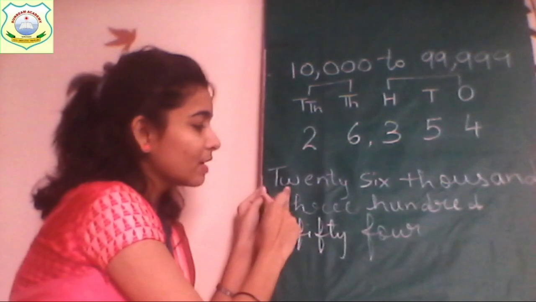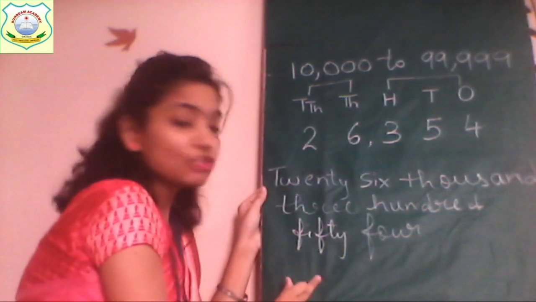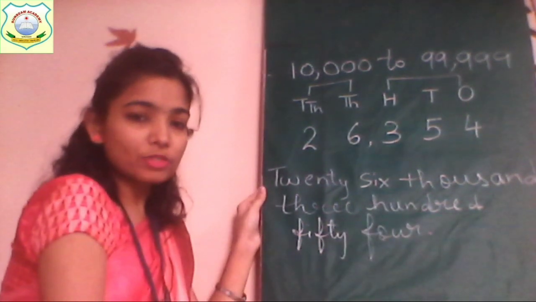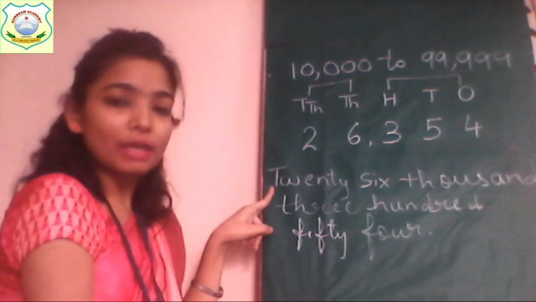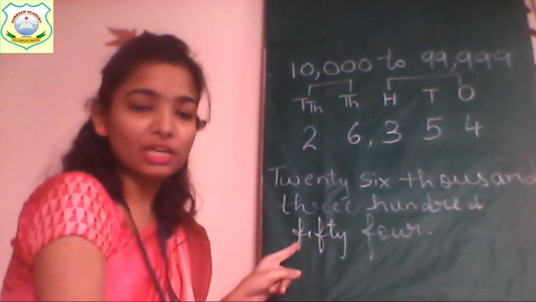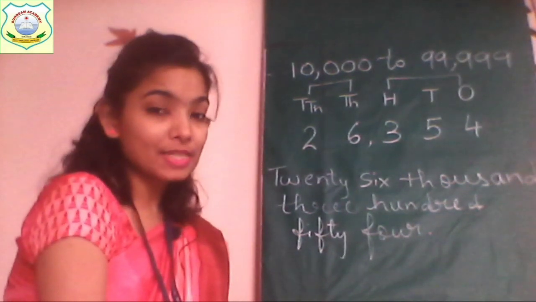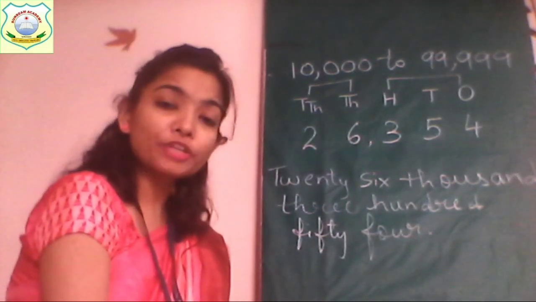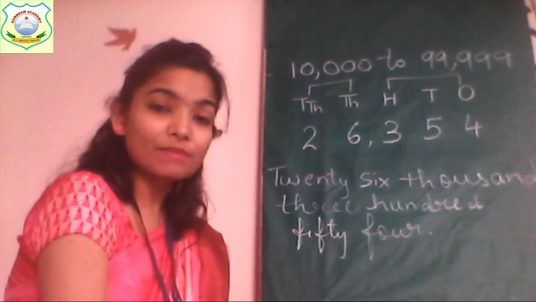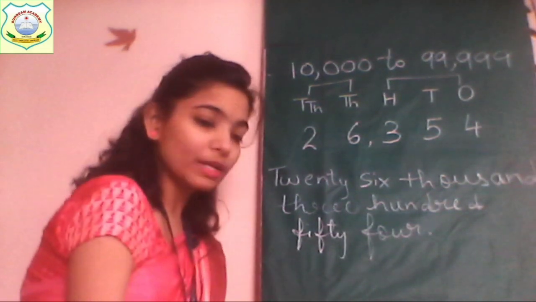That is why we are writing like this, 26,354 and last a full stop. Clear? The first letter will be capital, others will be small. This you need to take care. Now we will proceed with the exercise. All of you take out your notebooks, write down classwork and today's date, and we will start doing the questions. Alright, let's start.